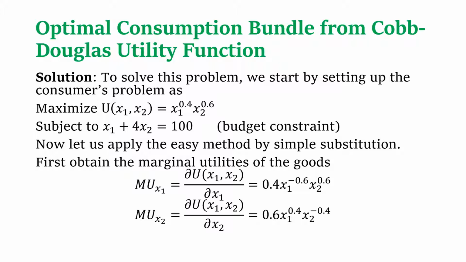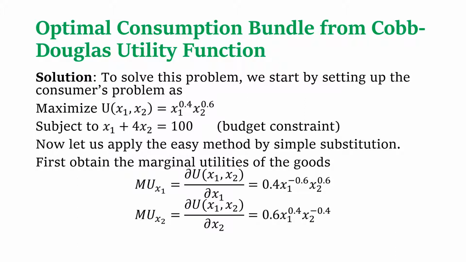Now, let's go back to basics. Look at this utility function. Now try to maximize this one. Try to differentiate that utility function with respect to x1, and then you do the same thing with respect to x2.